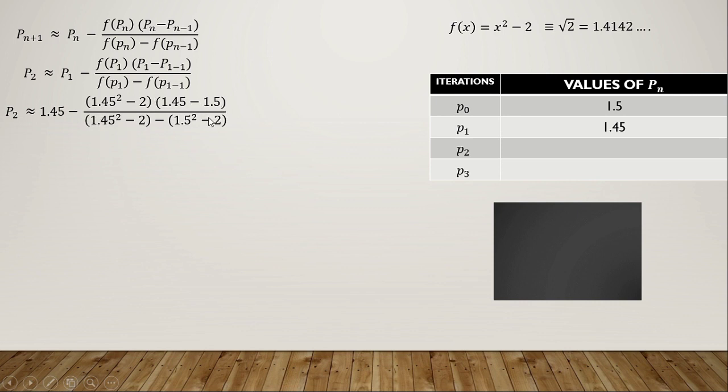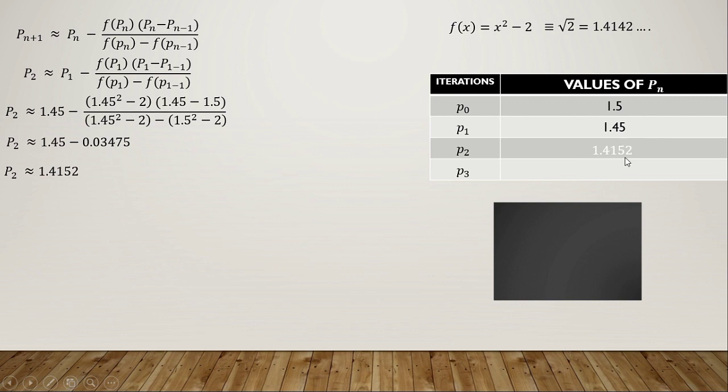If you do your calculations correctly, you are going to get something like this. You're going to get 1.45 minus 0.03475. And now when you subtract this value, you're going to get 1.4152. So notice that we're going from 1.5 and 1.45, and now we're at 1.4152, meaning we are decreasing the value, right?